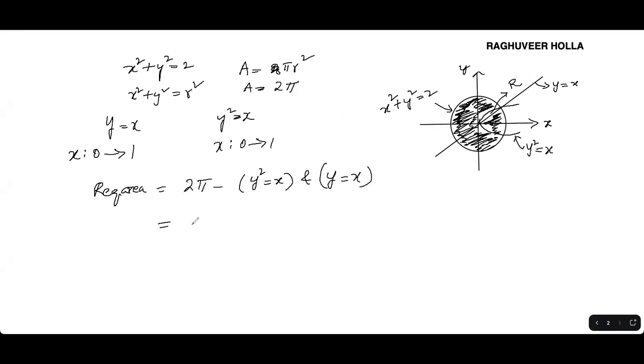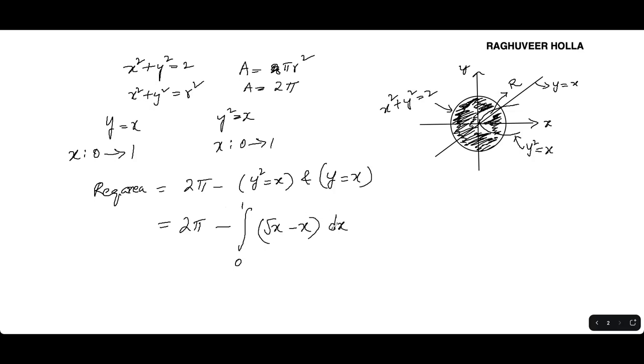So that is 2 pi minus the integral. As I said, x ranges from 0 to 1, and y square is x, or root x minus x, into dx.